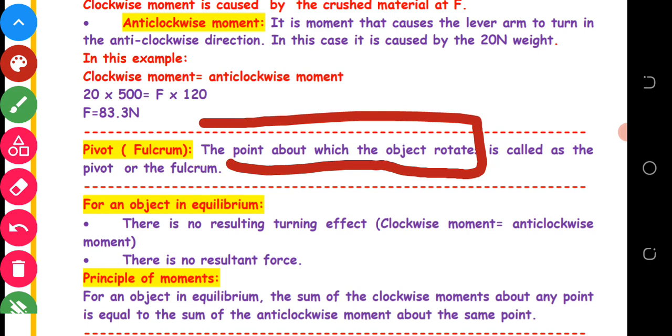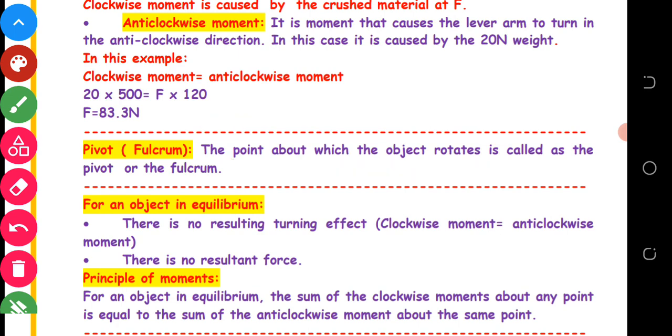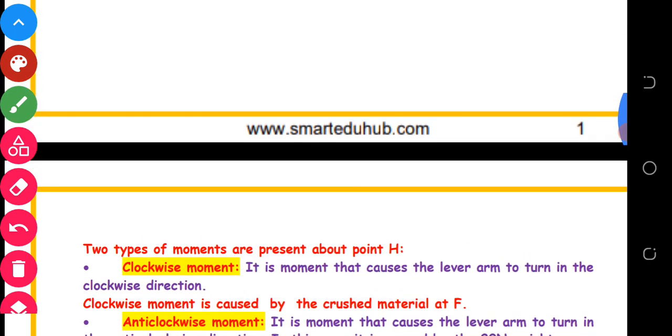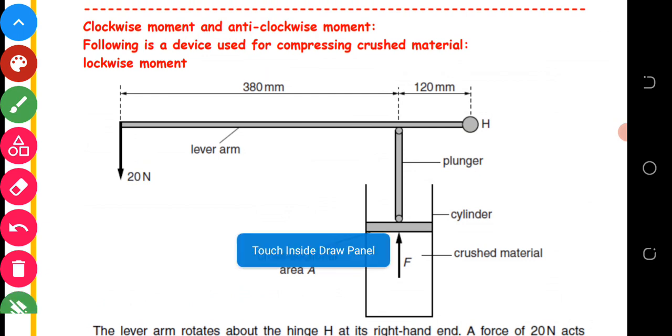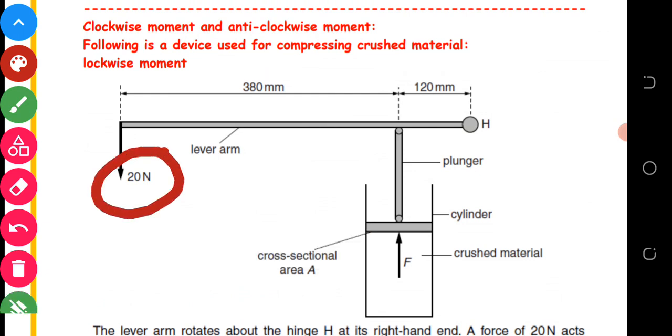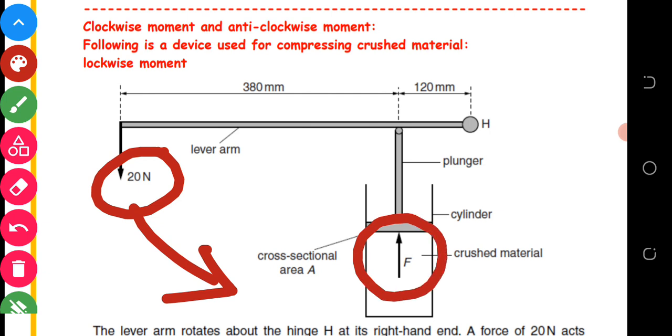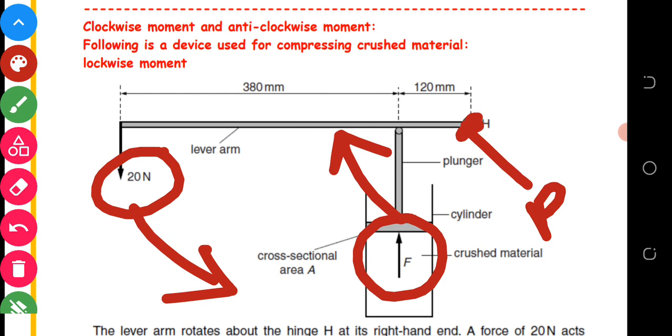So if we are able to identify those three things in any given scenario, then we won't have any problem solving questions on moments. Like in this particular scenario, the 20 Newton force is causing an anti-clockwise moment. The force from the crushed material is causing a clockwise moment, and this point labeled H, that is our pivot.